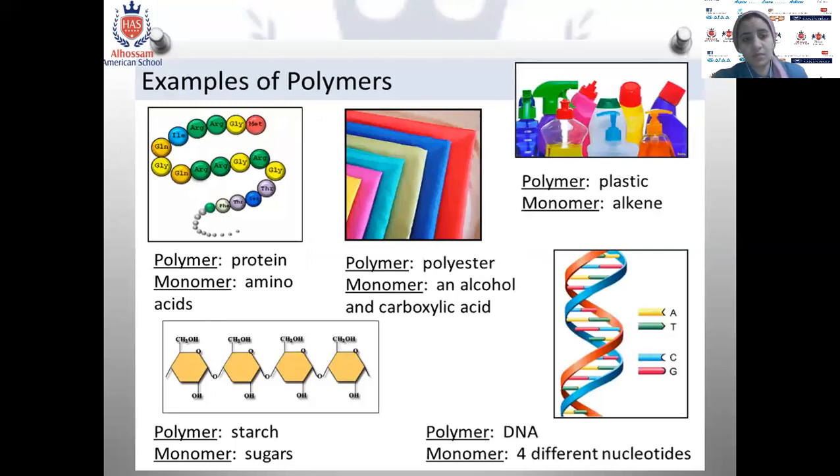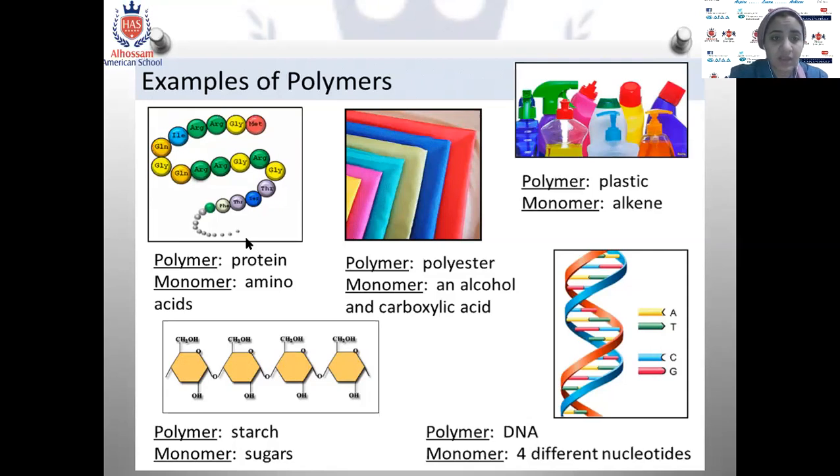Okay, we'll study some examples of polymers. Look here. You may have polymers inside your body, in the food. Sometimes these are natural polymers, and sometimes they are human-made polymers.